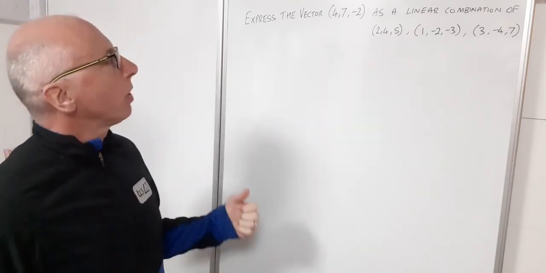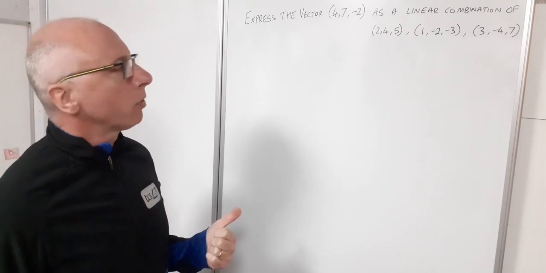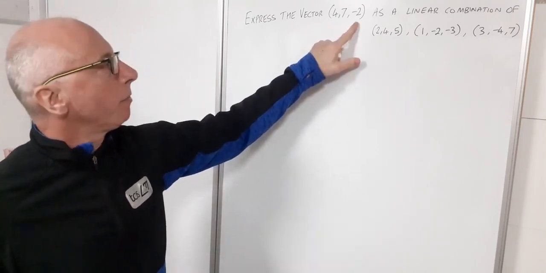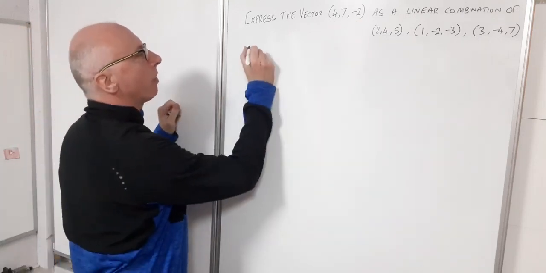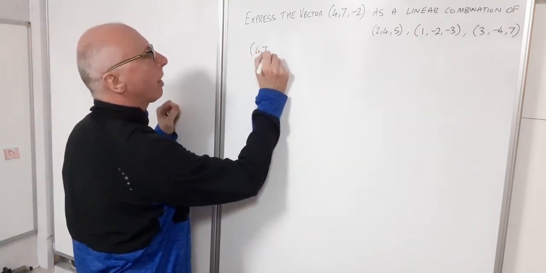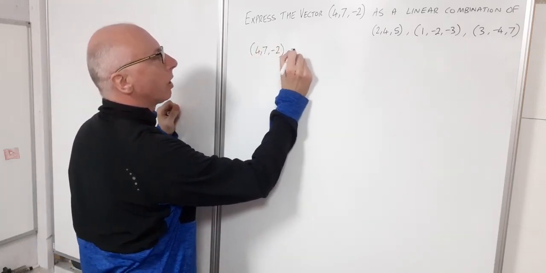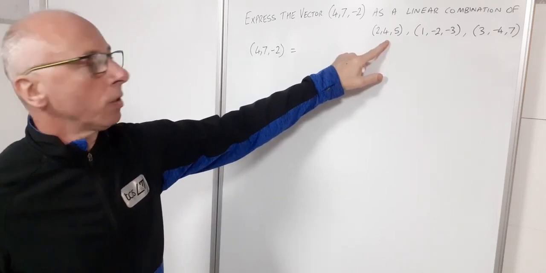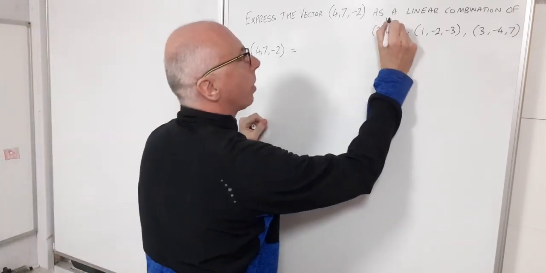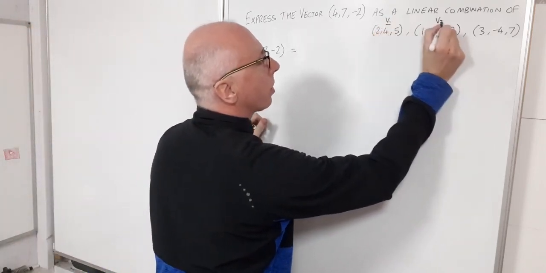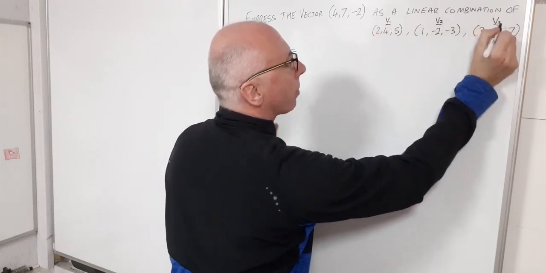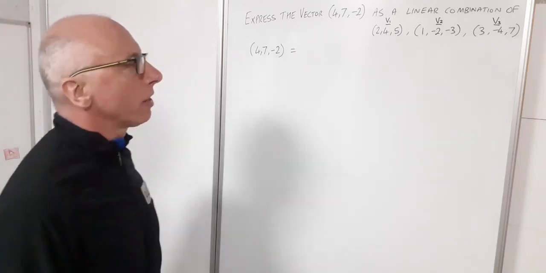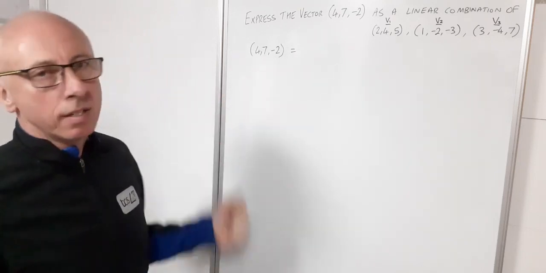Now we want to do a little setup first for our linear algebra question, to express this vector, 4, 7 and minus 2. I'm going to call this vector 1, this vector 2, and that one vector 3. So our setup is we want multiples of these three vectors to make this.